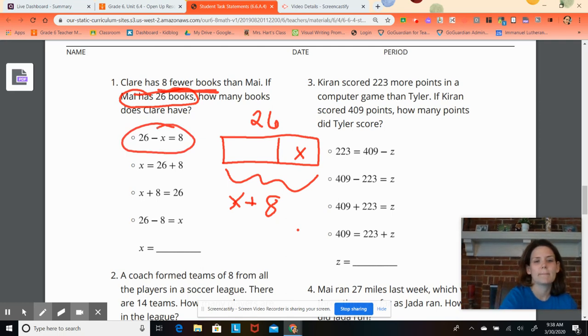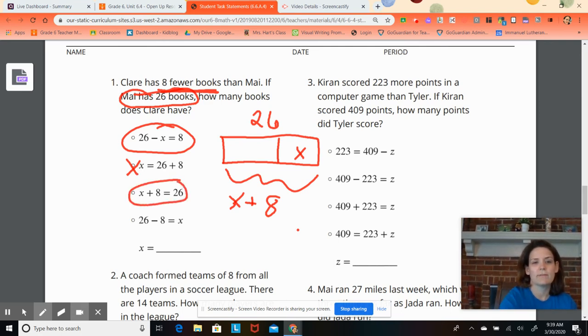Okay. If x is the number of books that Clare has, would I be adding Mai's books plus the 8? No, that won't work. Okay. x plus 8 equals 26. That definitely seems to work. If I take the number of books that Clare has and add 8, that will give me 26, which is how many books Mai has.